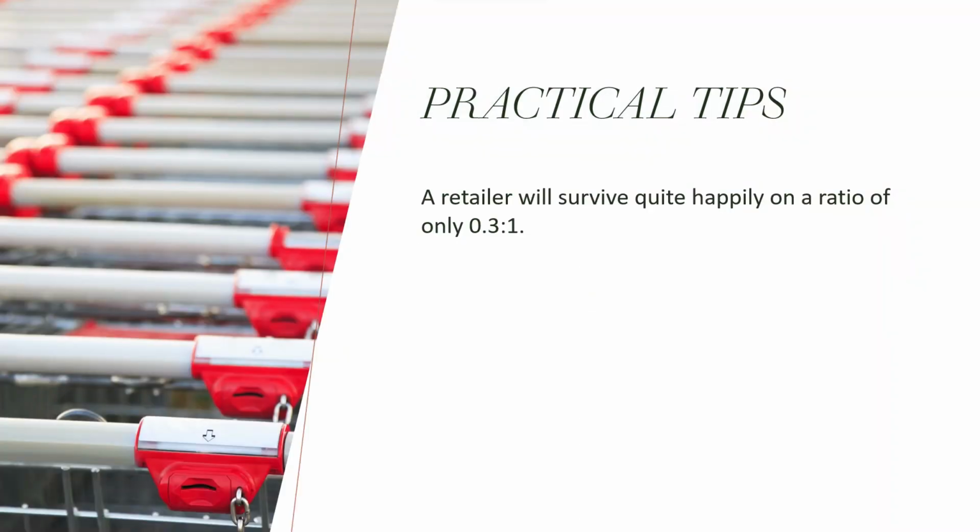It is often suggested that the optimal quick assets ratio is 1:1. Again, this is subject to the nature of the business. A retailer will survive quite happily on a ratio of only 0.3:1. Some businesses need a much higher ratio.